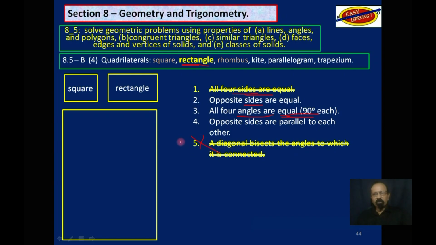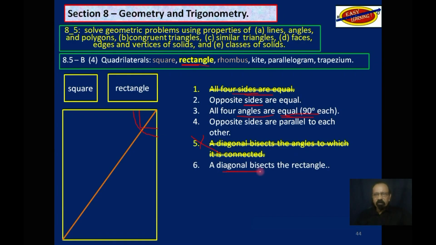It only applies for a square and a rhombus. So that diagonal does not bisect this angle here. That angle there is 90 degrees. That diagonal does not split it into 45 each. So that applies to a square and a rhombus, not a rectangle.